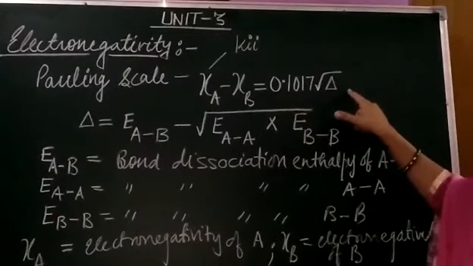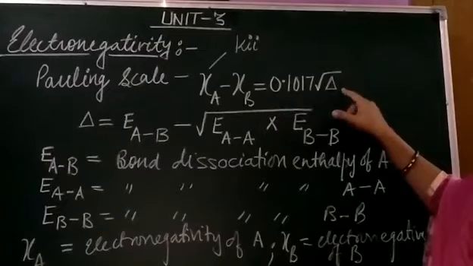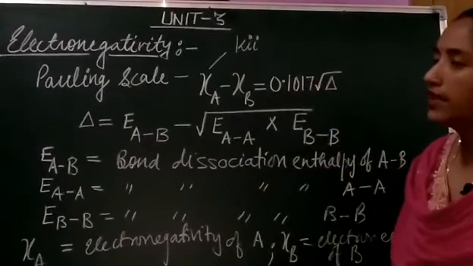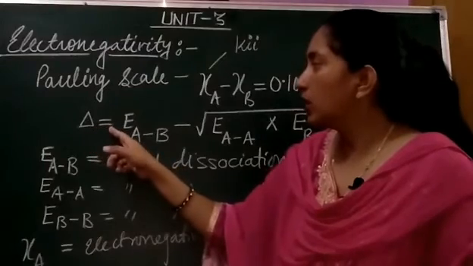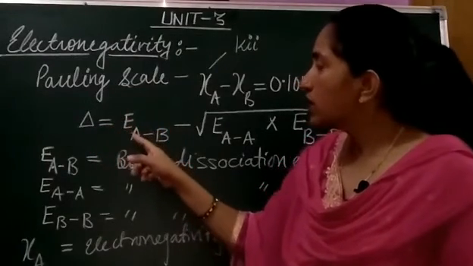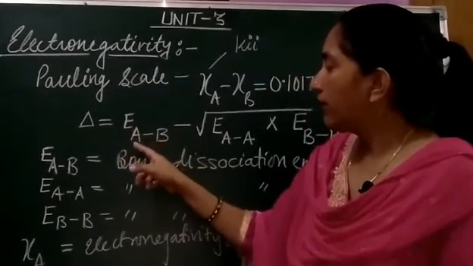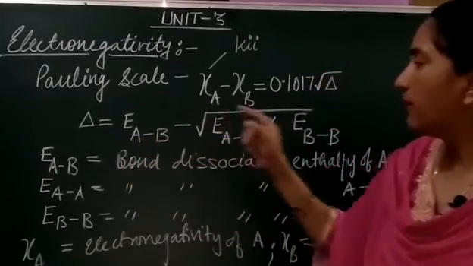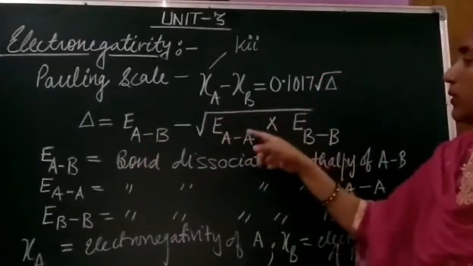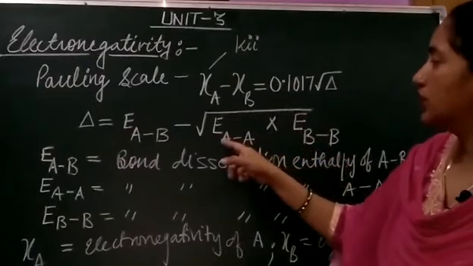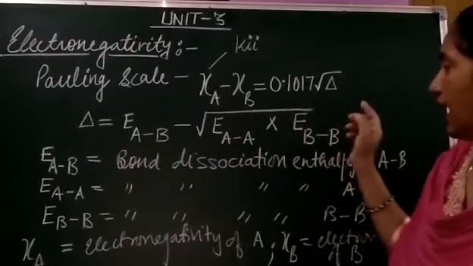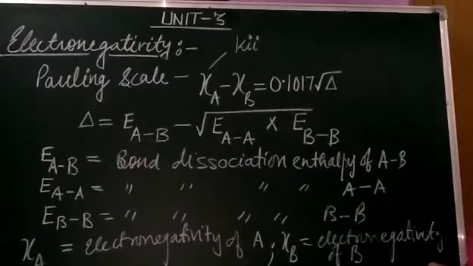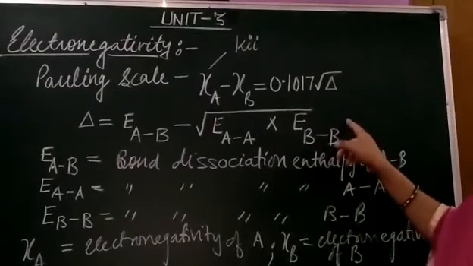If we know the value of delta, we can find the electronegativity difference between the two elements, and delta is equal to the bond dissociation enthalpy of the A-B bond minus the under root of the product of the bond dissociation enthalpy of the A-A bond and that of the B-B bond.